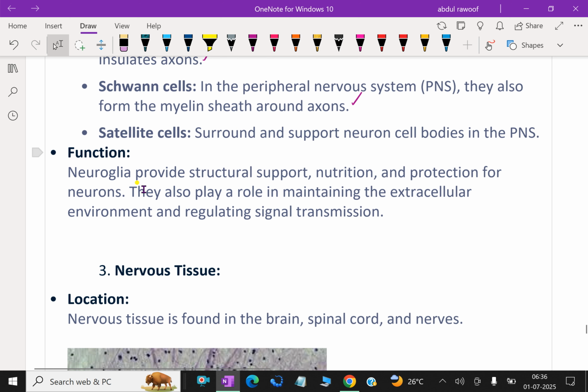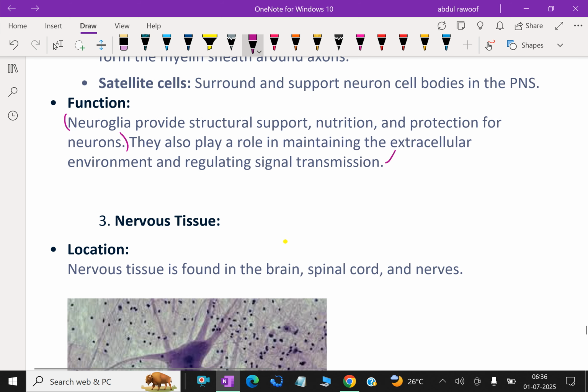The function of neuroglia: they provide structural support, nutrition, and protection for neurons. They also play a role in maintaining the extracellular environment and regulating signal transmission.